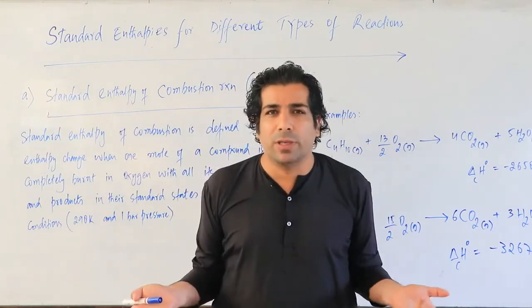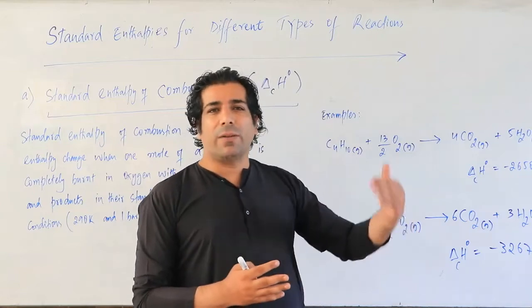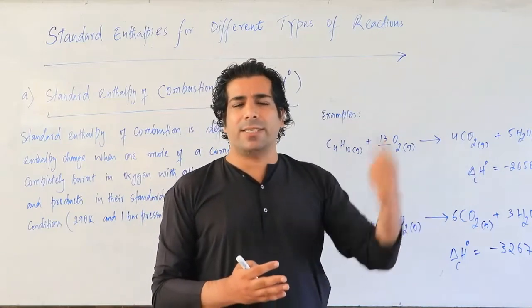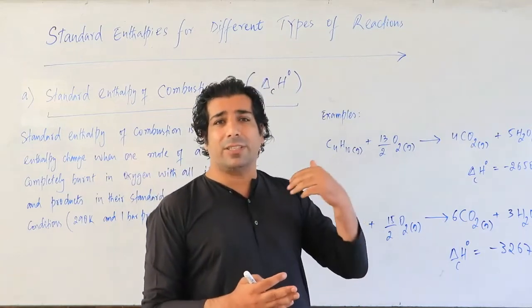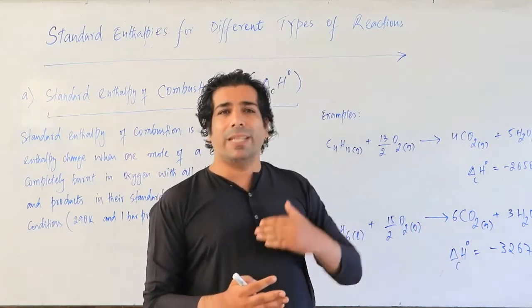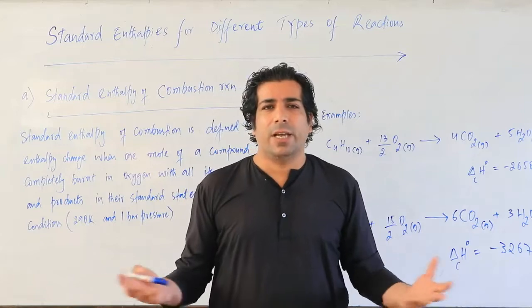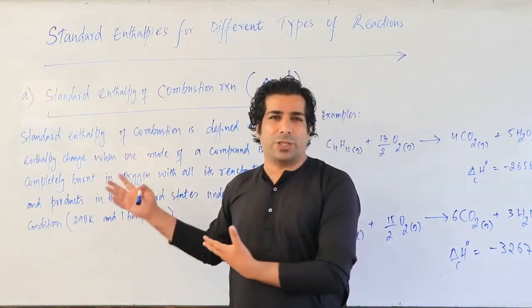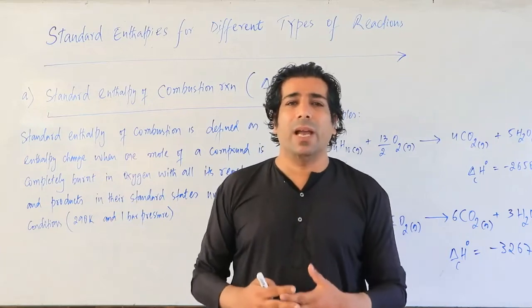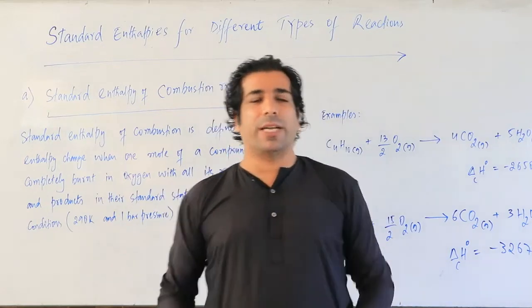If you burn liquefied petroleum gas, energy is released. If you burn the glucose in the cells, the energy is released. If you burn benzene, energy is released. If you burn methane, energy is released. That means these combustion reactions will be exothermic reactions.